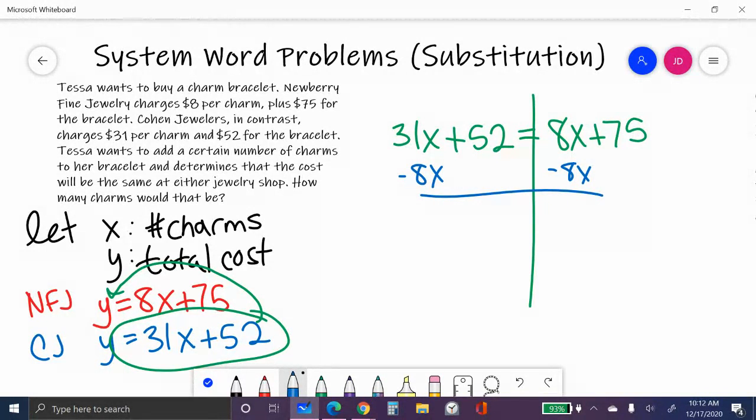31x minus 8x is 23x plus 52 equals, the 8x cancels, 75. Subtract 52 from both sides.